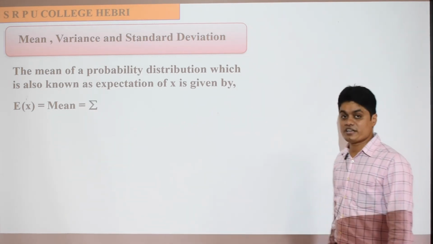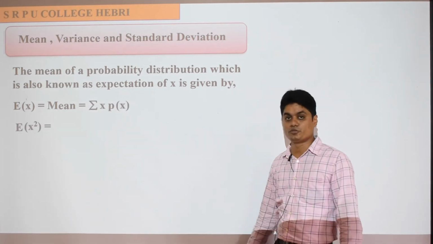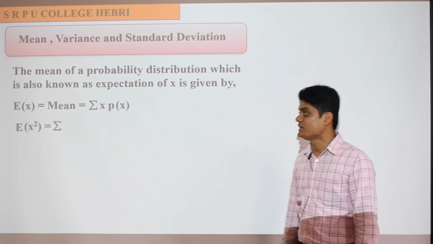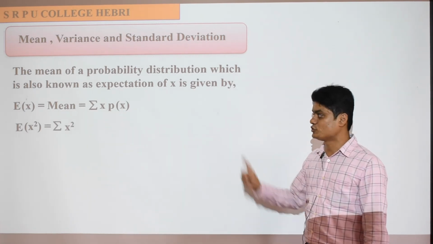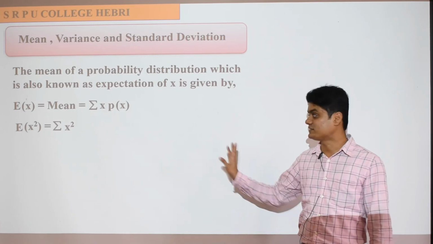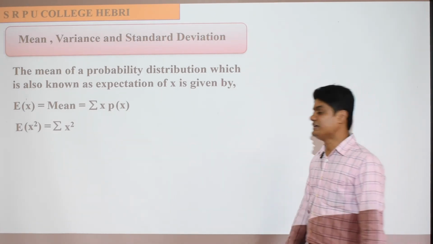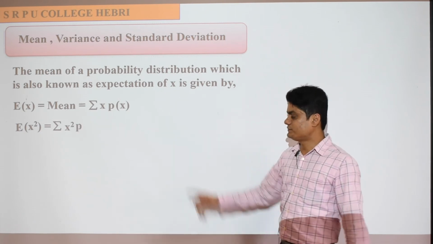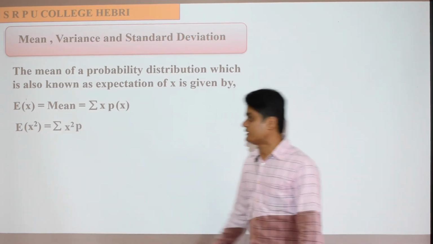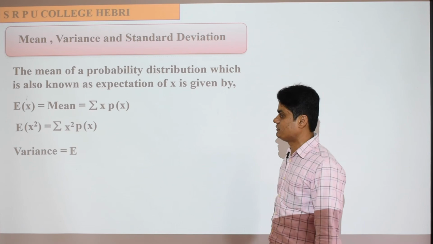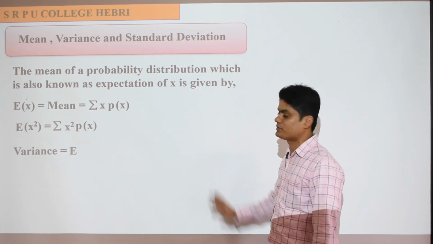So E of x is the summation of x into p of x. There is no division here, you just find x into p of x. Here x is the random variable and p of x is its probability. So if this is E of x, what is E of x square? Summation of x square into p of x, the probability of x. There is no x square in the probability, it is just the probability of x.